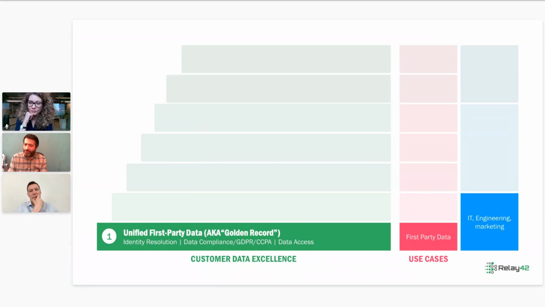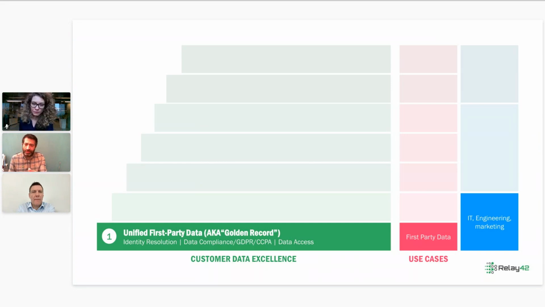It's all about data compliance and adhering with things like the GDPR or the CCPA and all the others. There's too many to list these days, all around the world in terms of data legislation, but also access to that data by the systems or the people in the business that need it.